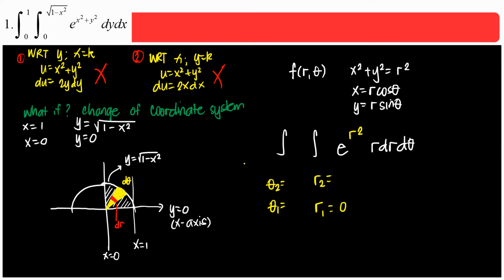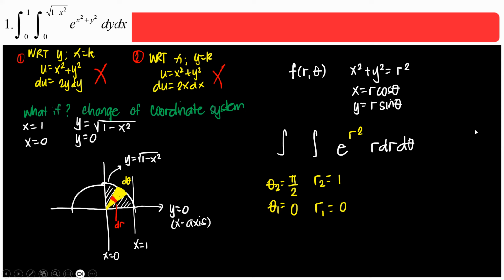This is a quarter circle. And then the shaded portion, the whole shaded portion, starts from the x-axis or the y equals 0 up until the y-axis. So it's 90 degrees. I can say that this one is from 0 up to pi over 2.